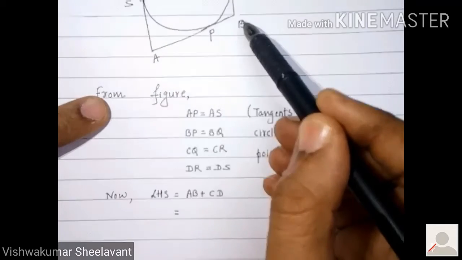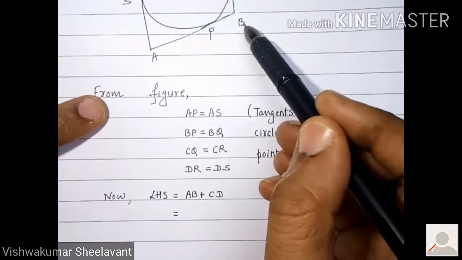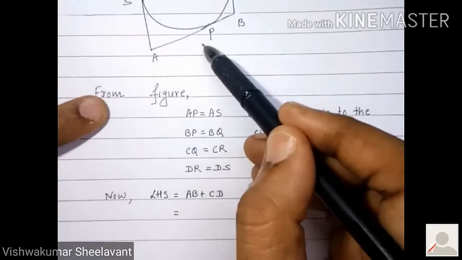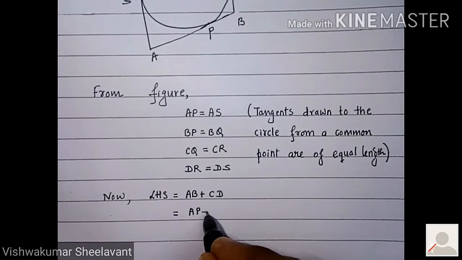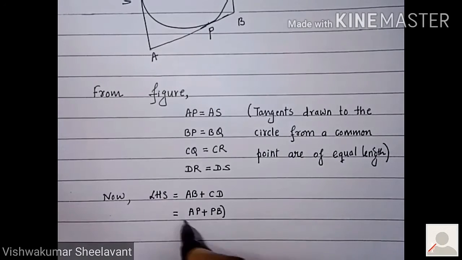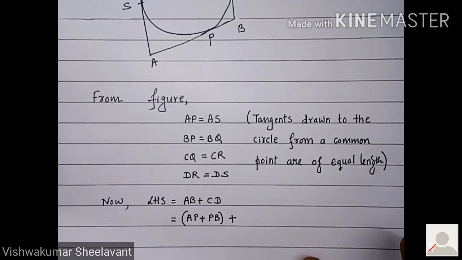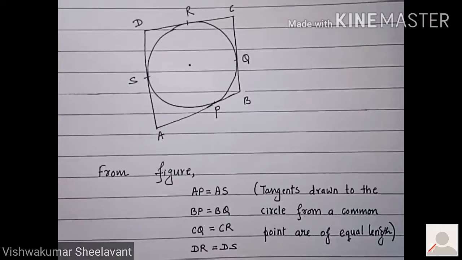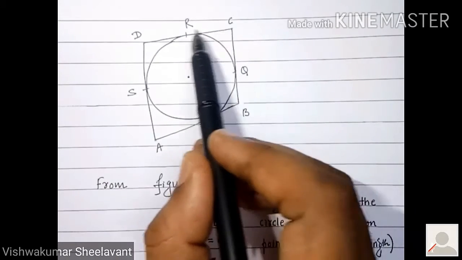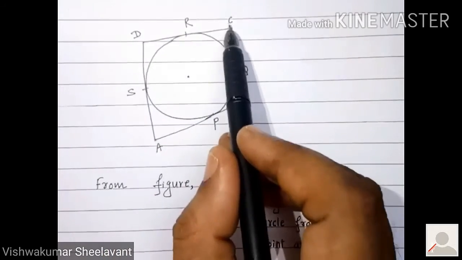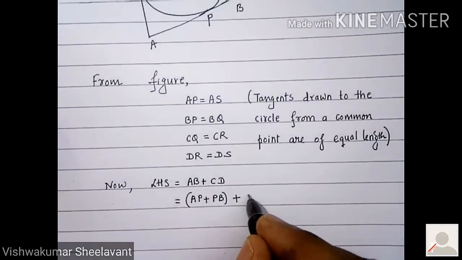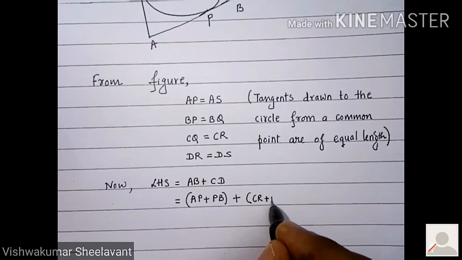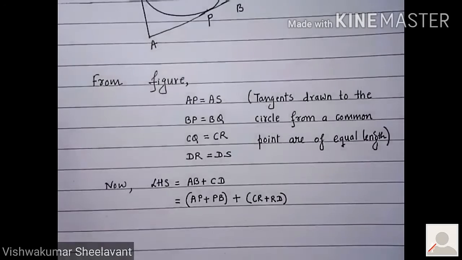If you look at the figure, AB is AP plus PB. Plus CD. What is CD? CD is CR plus RD.